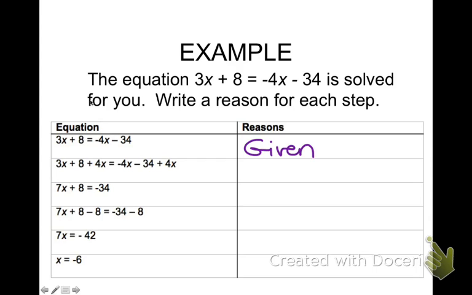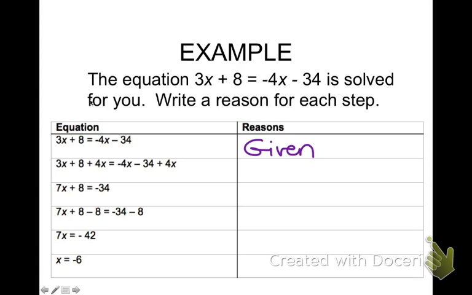All right, so now let's see what's happening from the first line to the next line. What changed on the left side of the equal sign? Plus 4. There's an extra plus 4x over here. Why did they add 4x to both sides? To move the negative 4x to the other side, right?